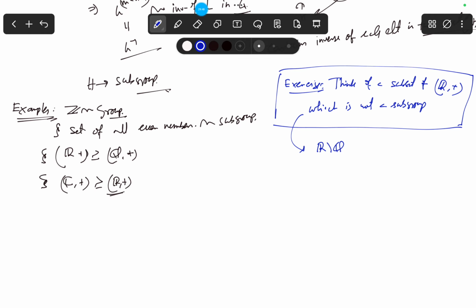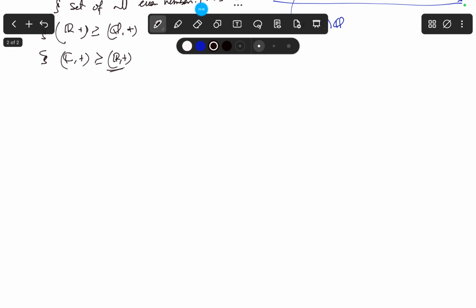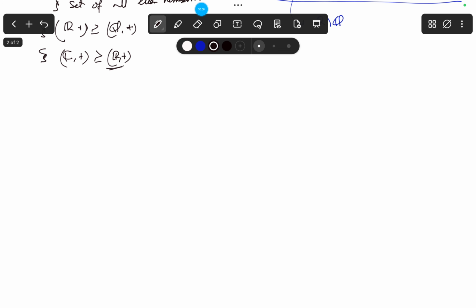Now let us see some more strategies to create subgroups for a group. One of them is called a cyclic subgroup. So what is a cyclic subgroup?